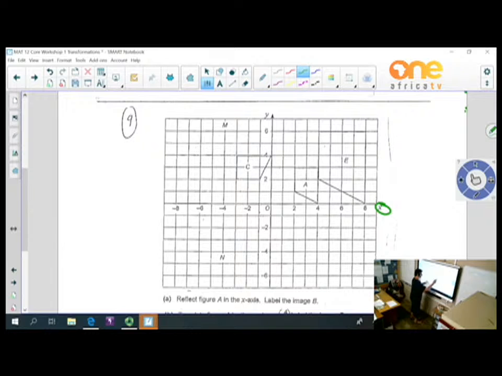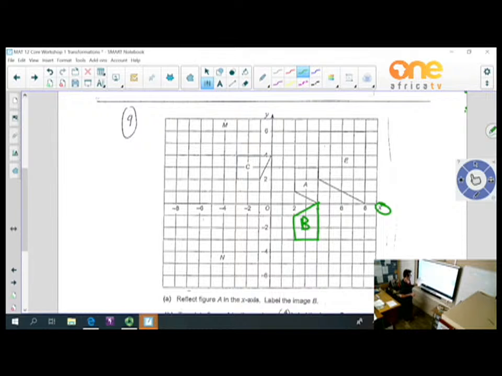And this is the one that we should reflect. So it's here on the line. This one is 3 blocks up, so I go 3 blocks down. 2 blocks there, 2 blocks back there. And we have to label this one B.